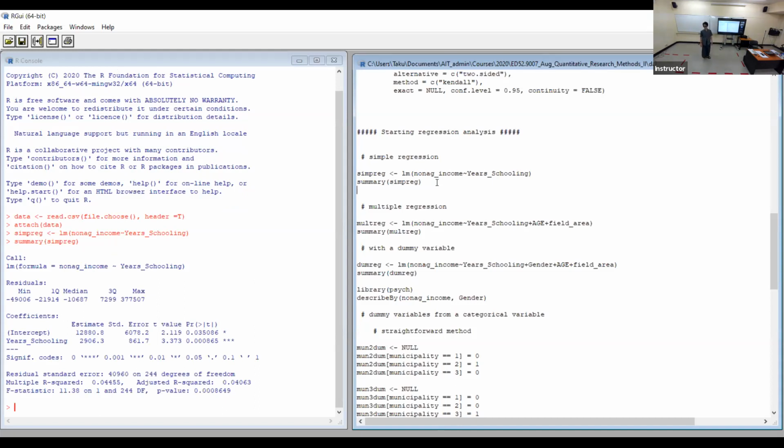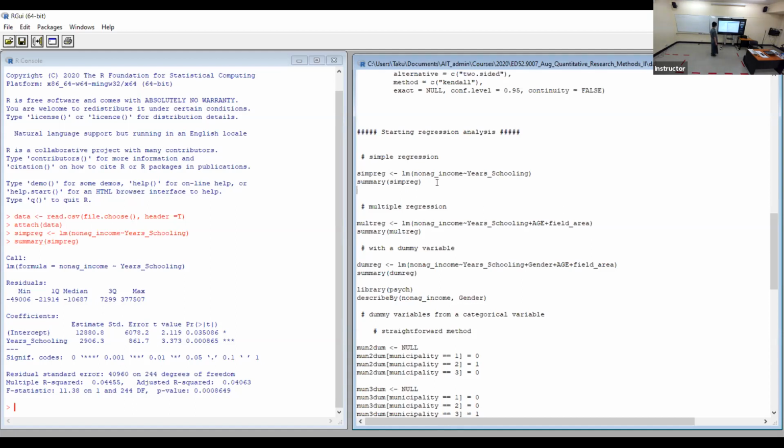Same. So it shows the regression result. Since we only have one independent variable, there's only one variable shown. That is years of schooling.